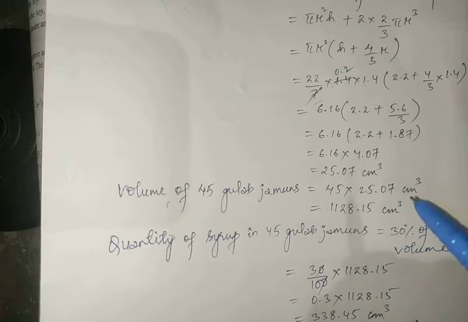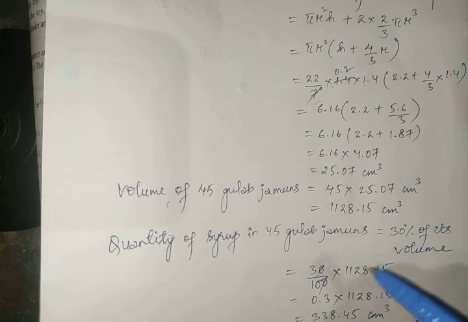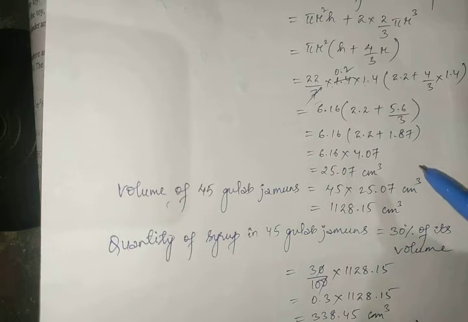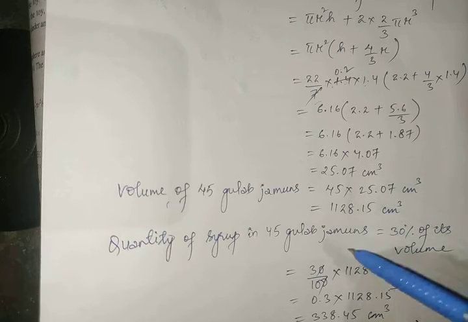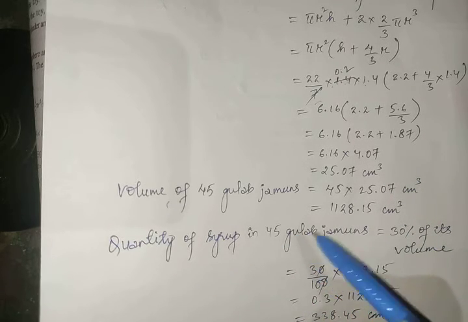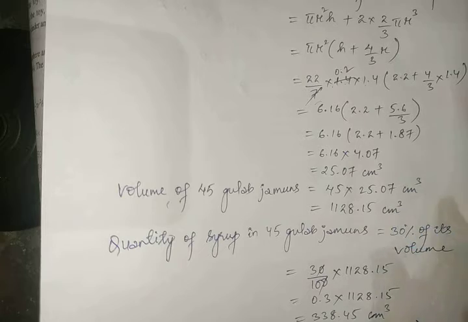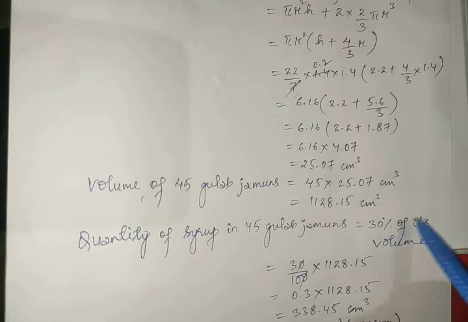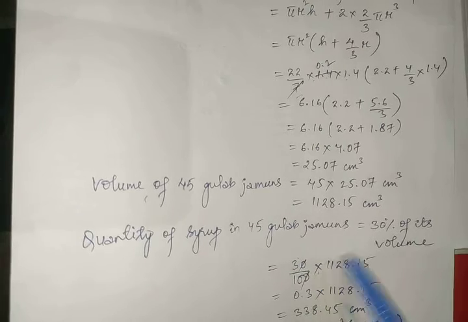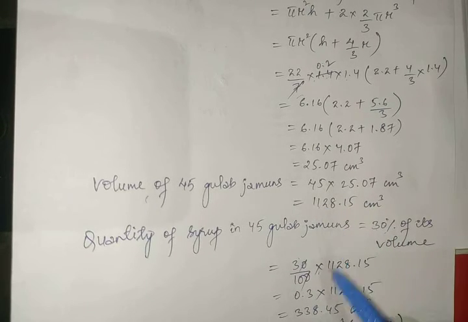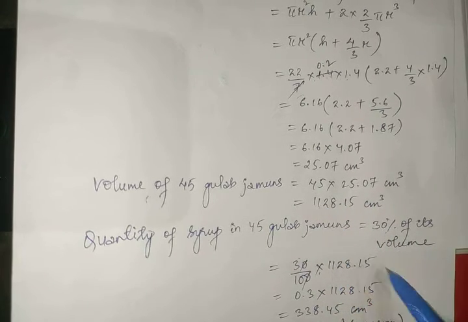Now we have to find the quantity of syrup. According to the question, we have to find 30% of its volume. So the quantity of syrup in 45 gulab jamuns is given as 30% of its volume. Percent means we have to divide by 100, so it will be 30 by 100 into the volume of 45 gulab jamuns, that is 1128.15.